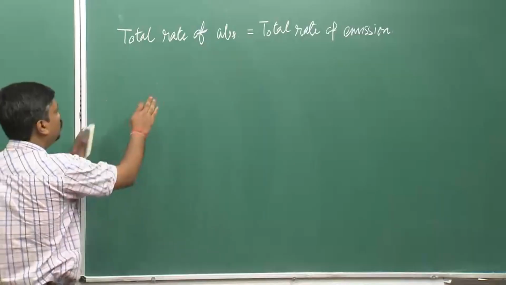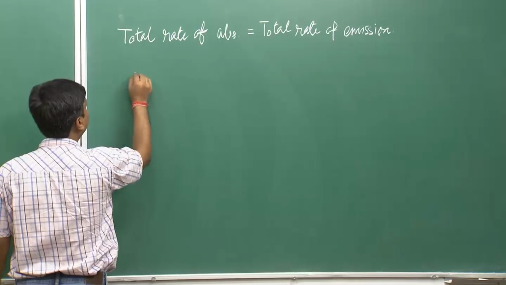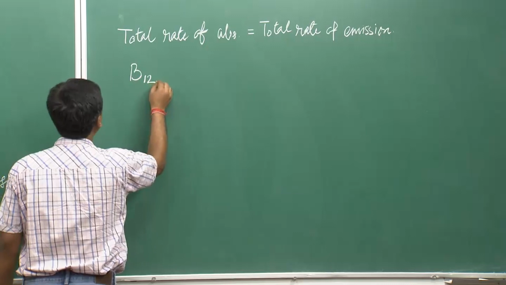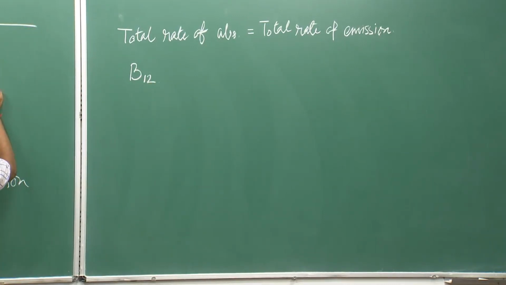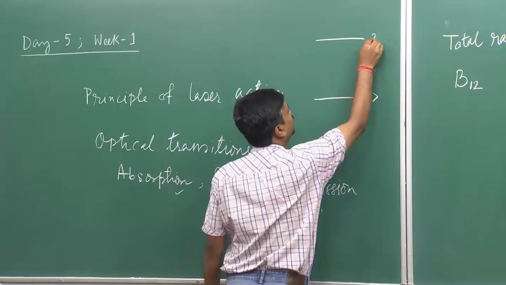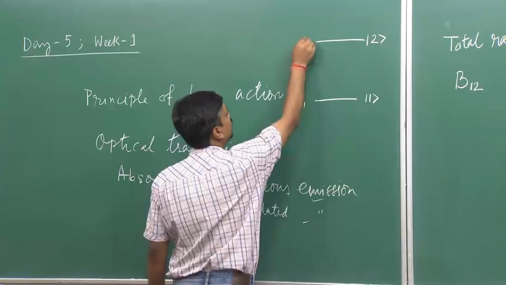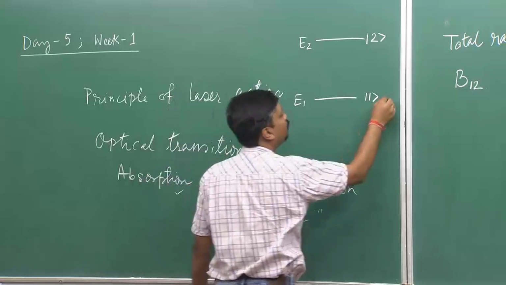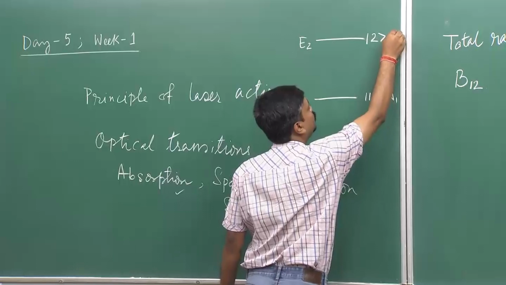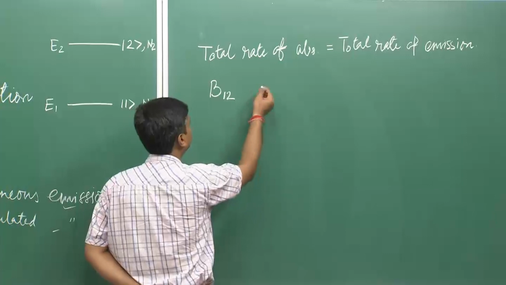Correct. So, we started looking into the mathematical relation. We know the total rate of absorption. Just to remember, this is state 1 and this is state 2, having energy E1 and E2, and the number of atoms are N1 and N2 in these two levels. We are considering only a two level system.